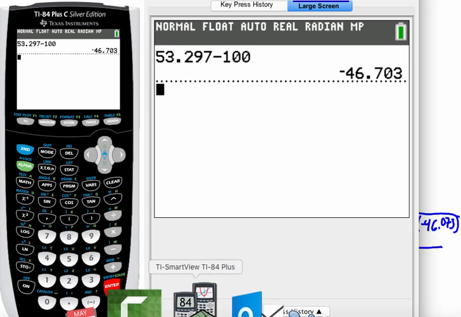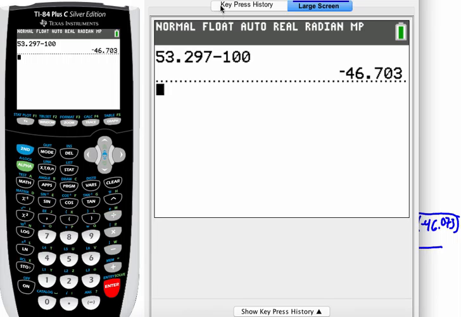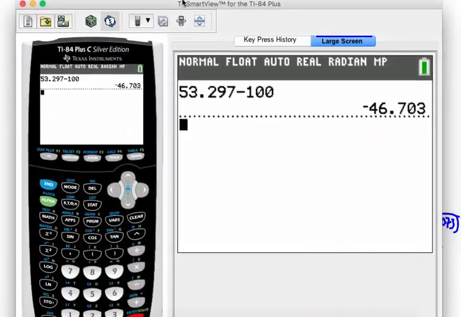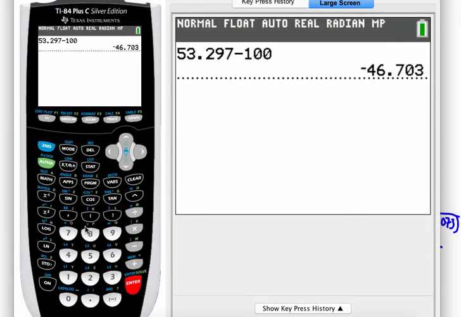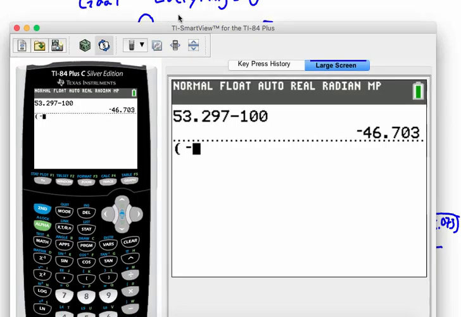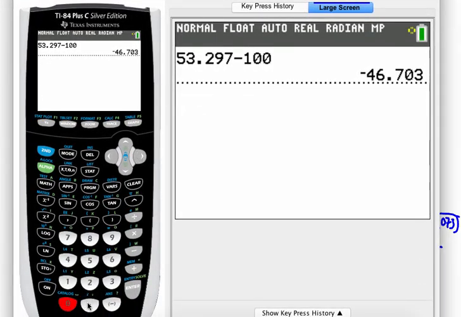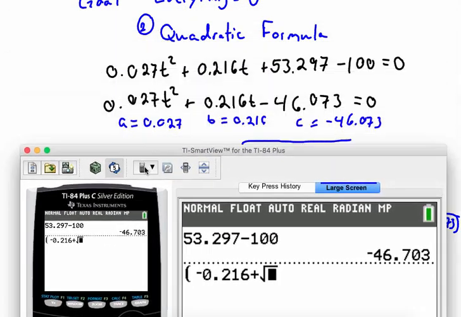So my equation goes negative b, so parentheses for my numerator, negative 0.216. Okay, plus. I can't do plus or minus, but I could say plus and then square root, so second x squared gives me a square root symbol here.